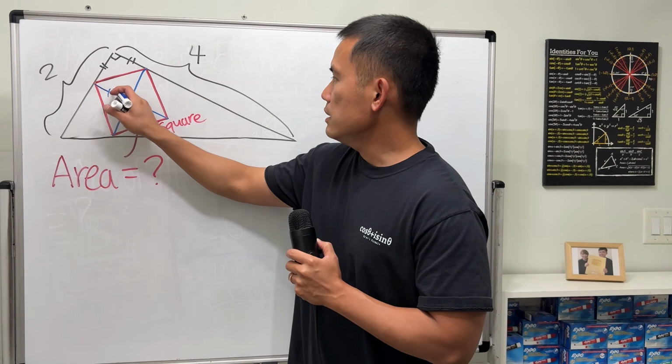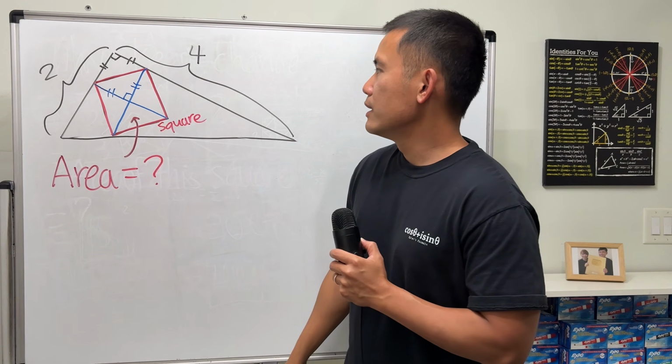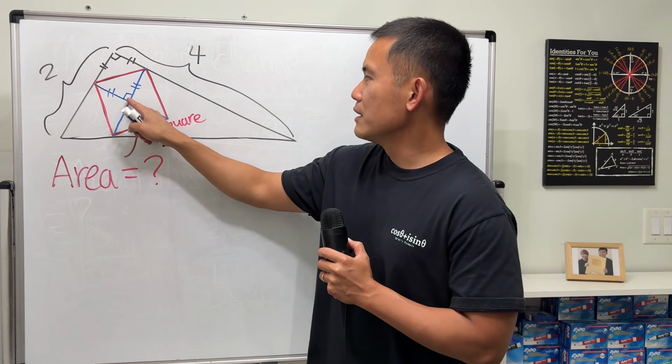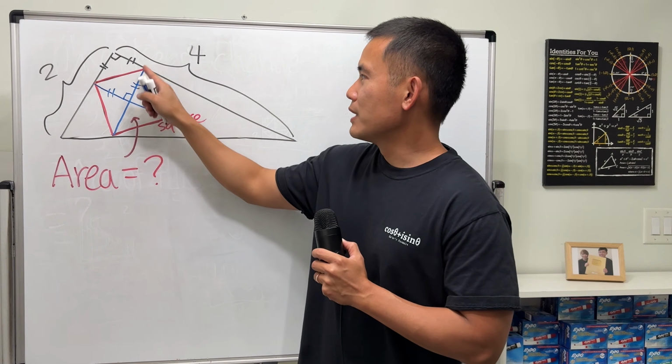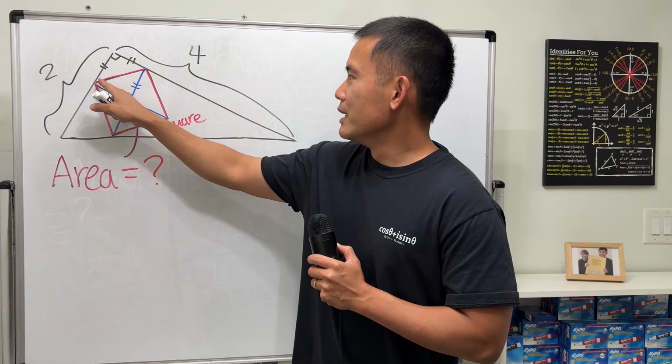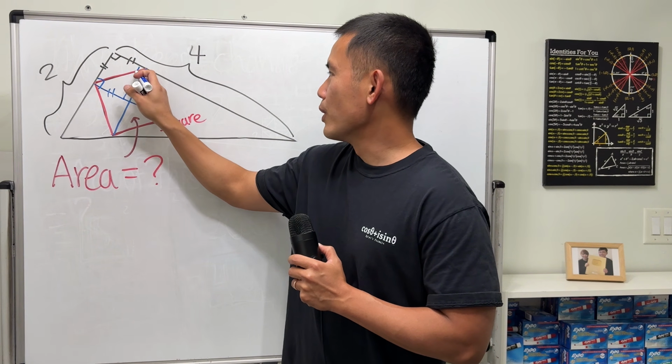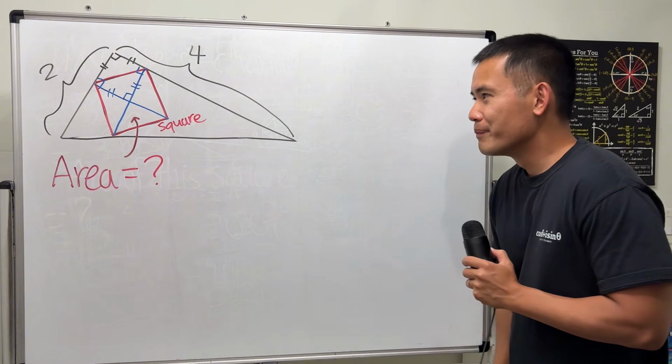Moreover, this will be equal to that. And in fact, because this is 90, that's also 90, this is equal to that, this is equal to that, you can argue this and that will also be 90 degrees as well.